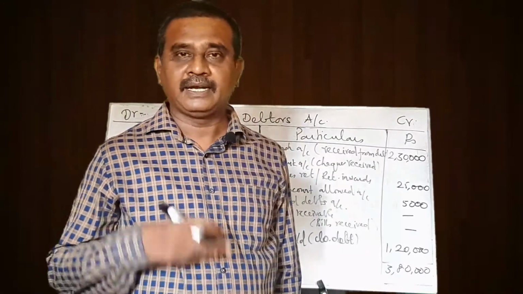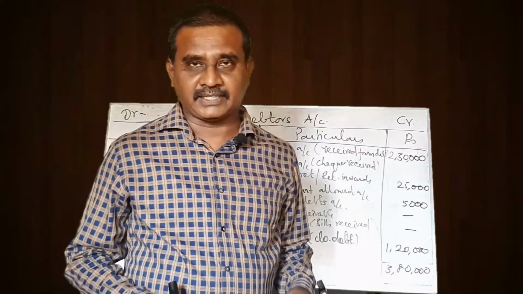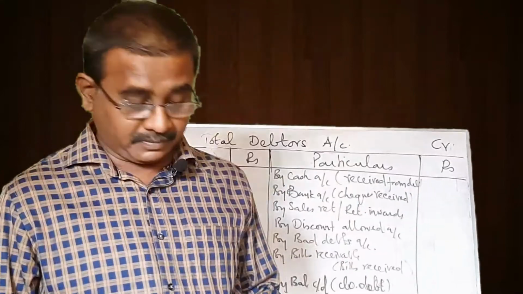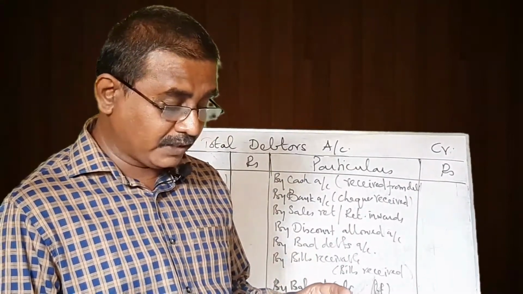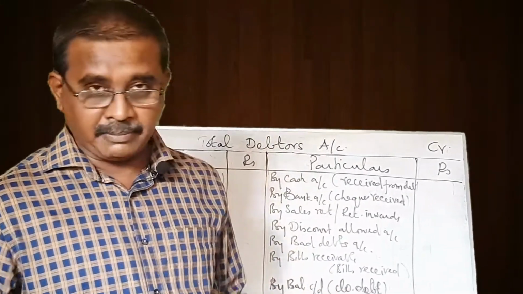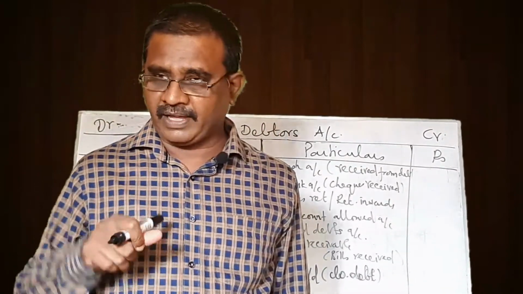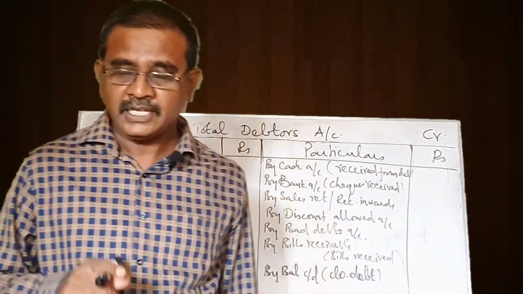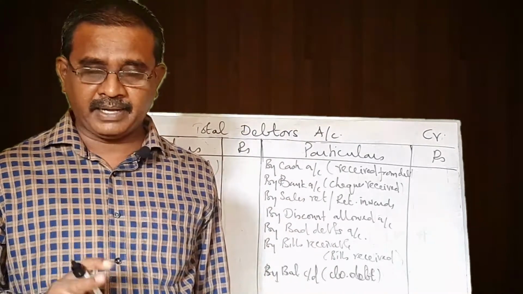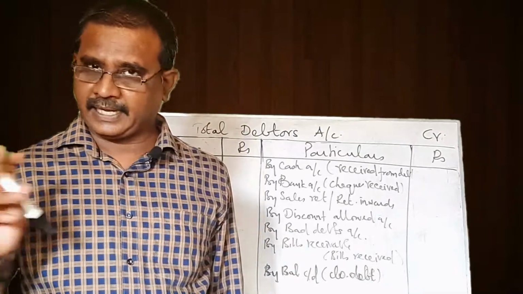Let us go to the next sum, that is problem 11, exercise 11. Read out the problem 11. From the following, find out total sales made during the year. Remember, in the previous problem, they asked credit sales alone, whereas in this sum, they have asked total sales. Remember, total sales is equal to cash sales plus credit sales.